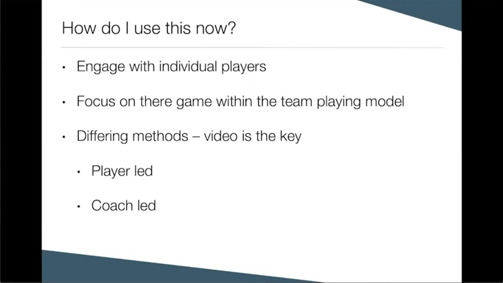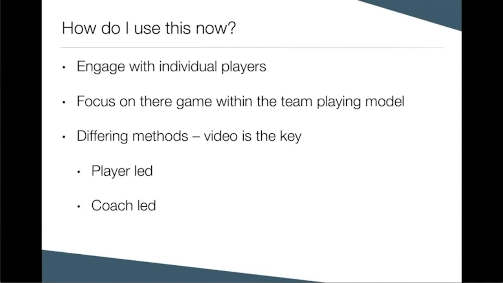The coach-led approach is very much me sending out footage of best practice, elements of our game that we've seen in preseason. We can send out and show, well, this is what we do, and this is how we want to do it.